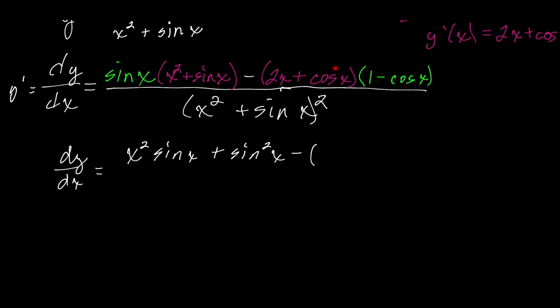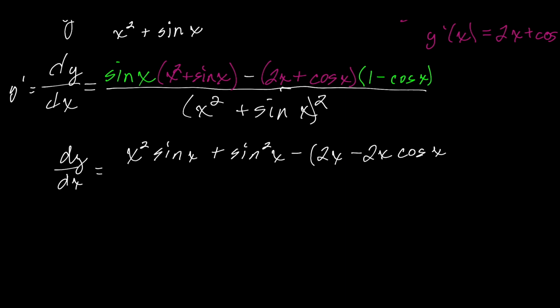I'm going to FOIL these two, but keep this minus sign out here, and then I always have my students do that so they know that they're going to distribute that minus in the next step. So 2x times 1 is 2x. Let's see, my outers are what? 2x times cosine x. So that's a minus 2x cosine x. Then I've got my inners.